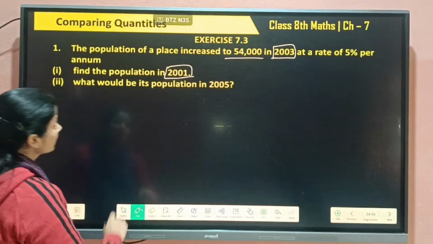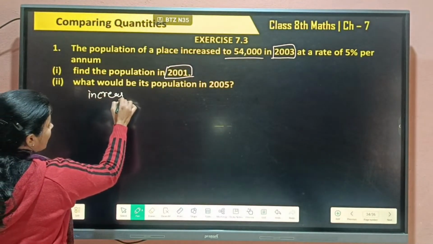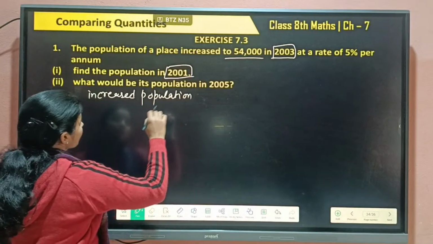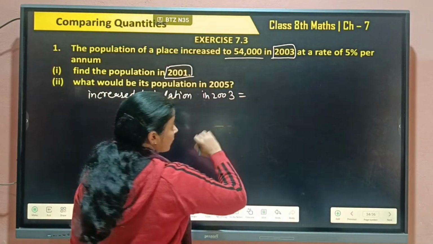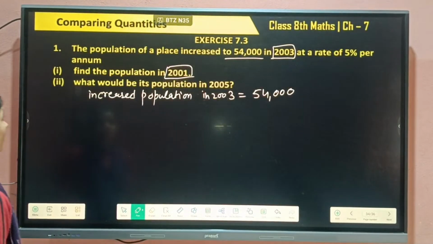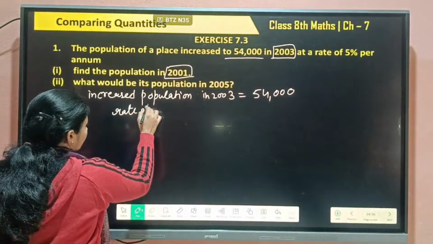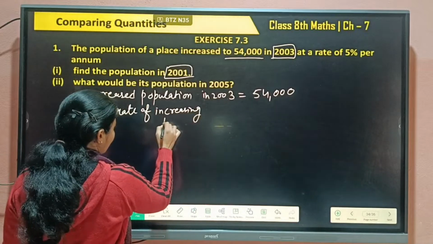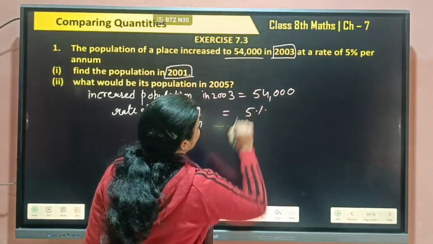So you will write increased population in 2003 is 54,000 and it is increased by 5%. Rate of increasing population is 5%.